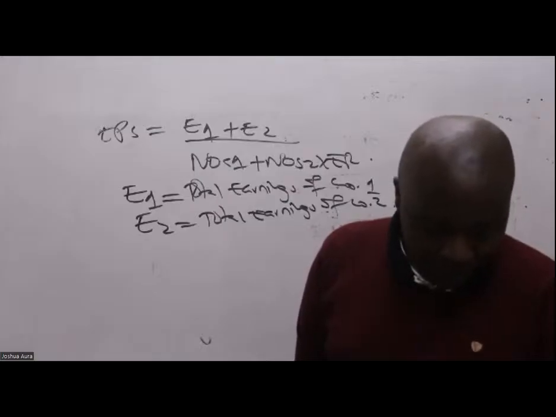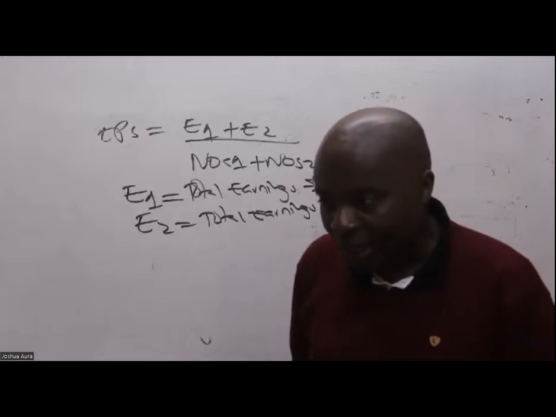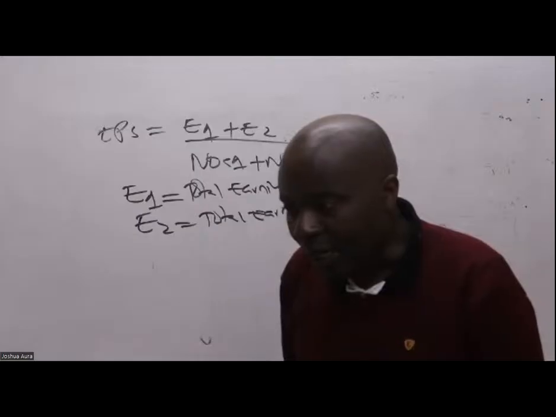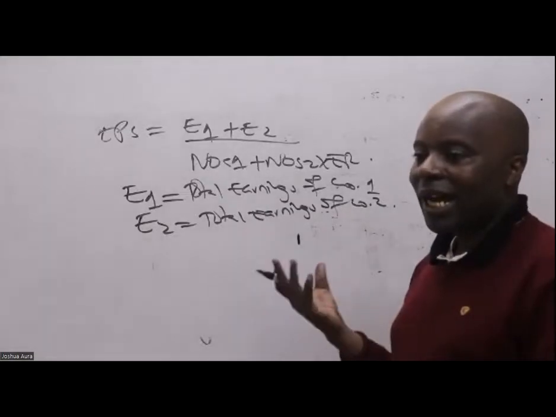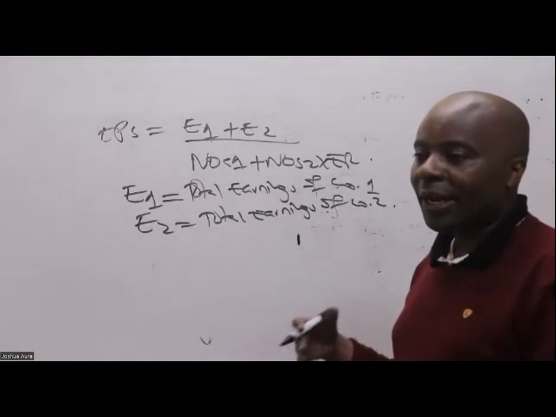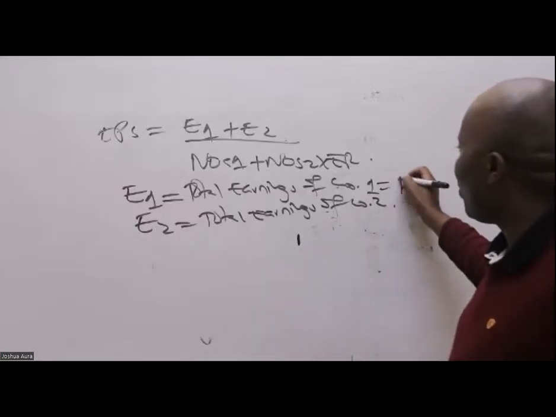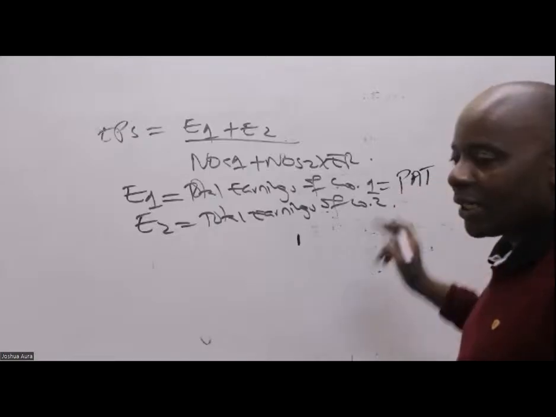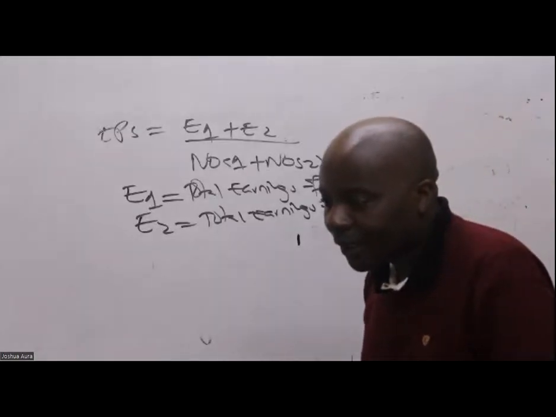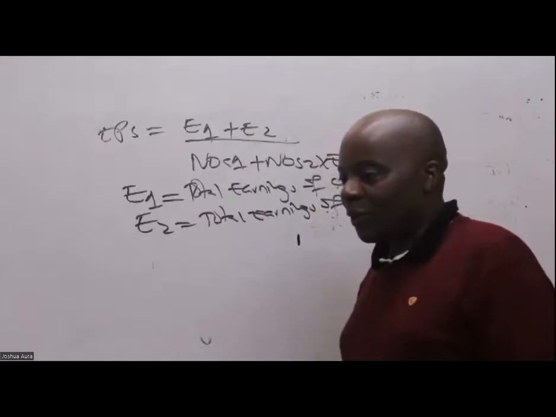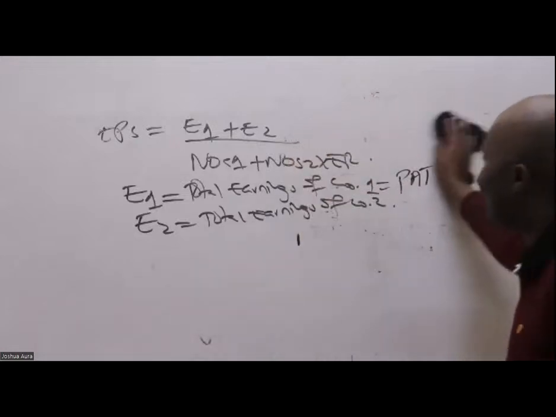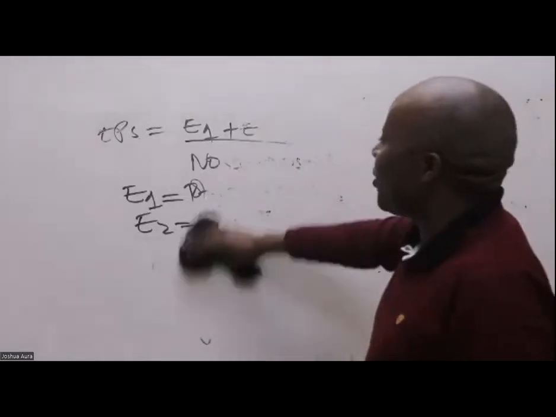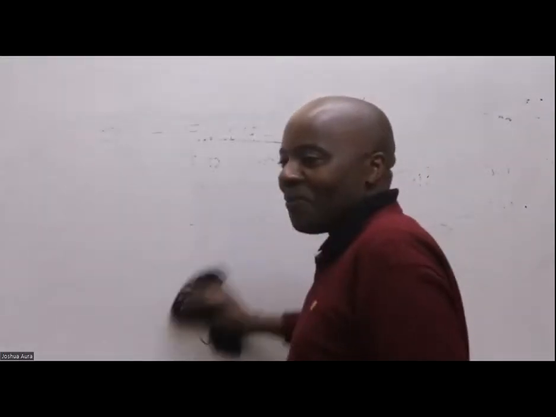Earnings attributable to ordinary shareholders in financial reporting are profits after tax, so PAT equals profit after tax. May 2015, question number 5A.